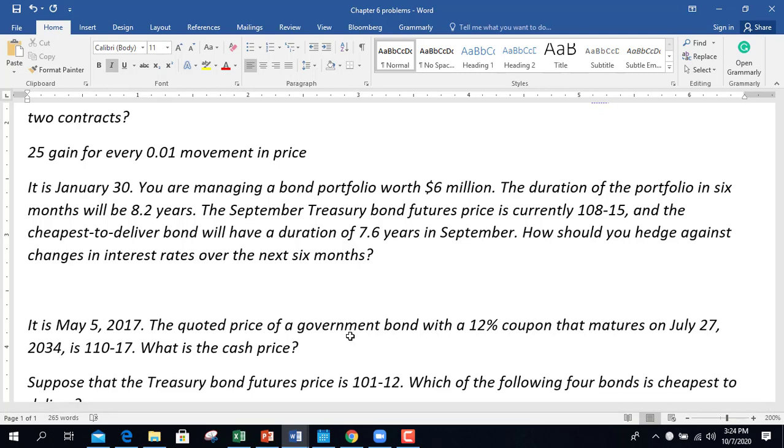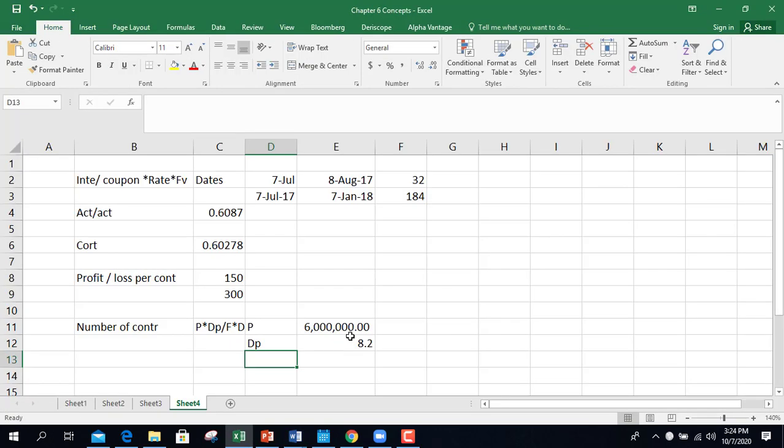The future price is given as 108-15. We know that the 15 is represented in 32nds. So the formula to convert it into price is 108 plus whatever dash amount is given, 15 divided by 32.